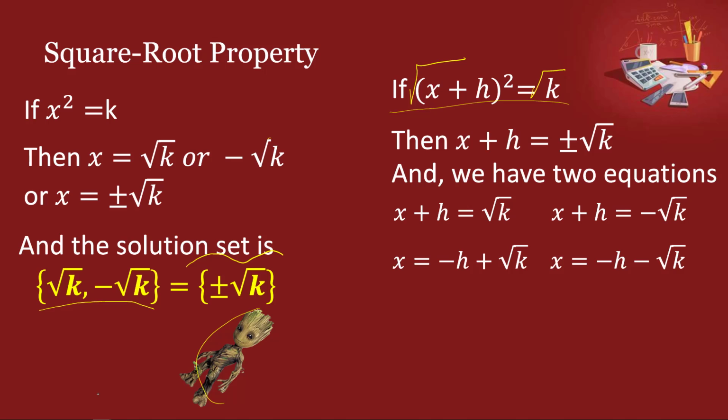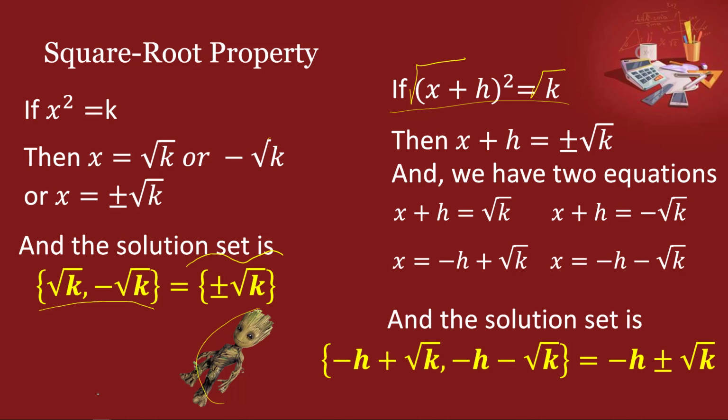Solving for x, we have x is equal to negative h plus root k, or x is equal to negative h minus root k. Therefore the solution set will look like this, negative h plus or minus the square root of k, which just basically implies two elements.